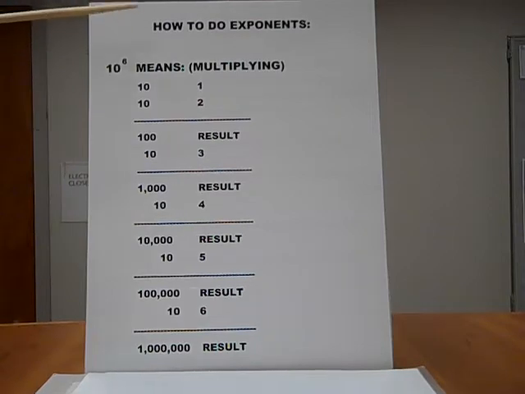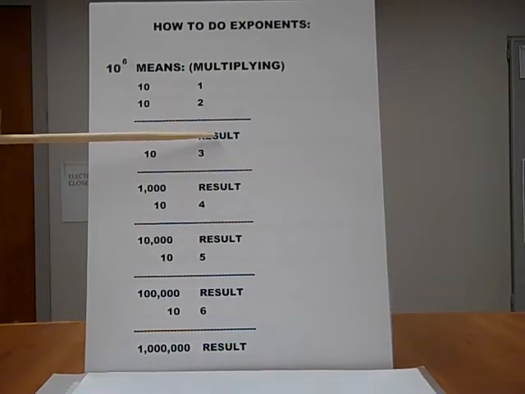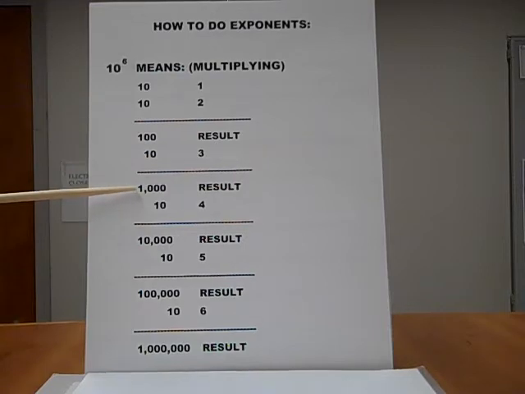Now, how to do exponents. As an example, 10 to the 6th power. This means to multiply 10, the base, 6 times over. 10 times 10, that's 2 of them, 1 and 2, equals 100, that's the result. Then you multiply it again by 10, that's the third 10, get the result, 1,000.